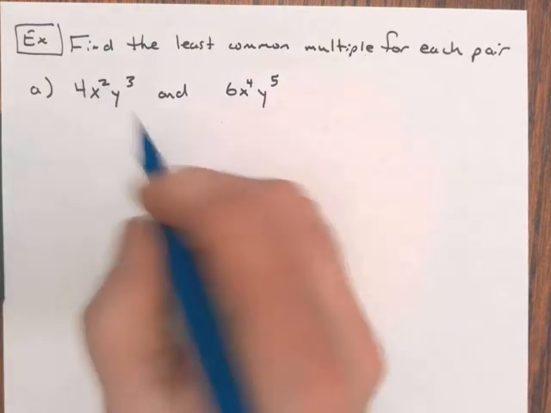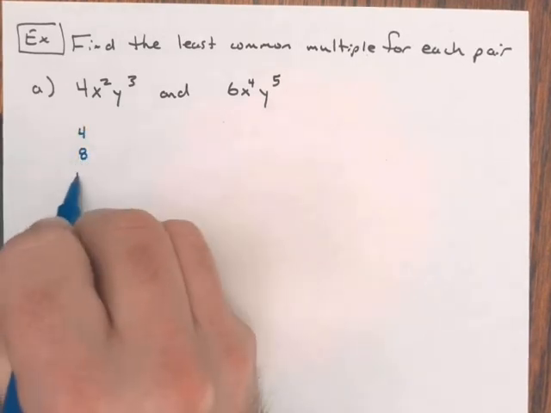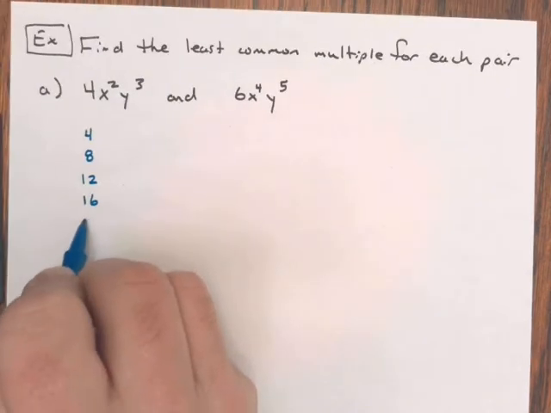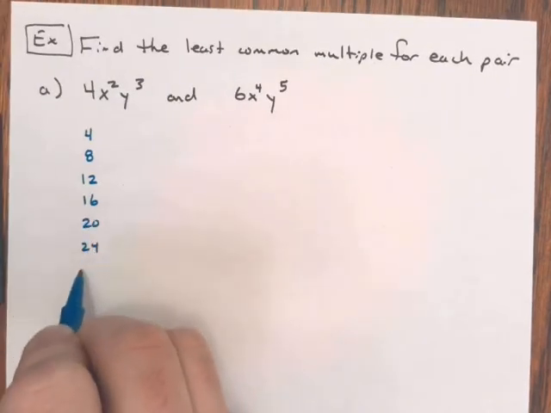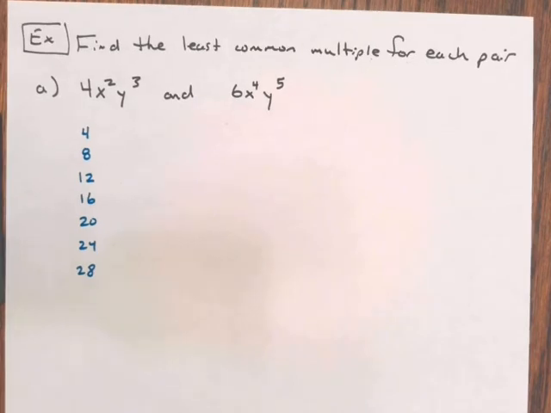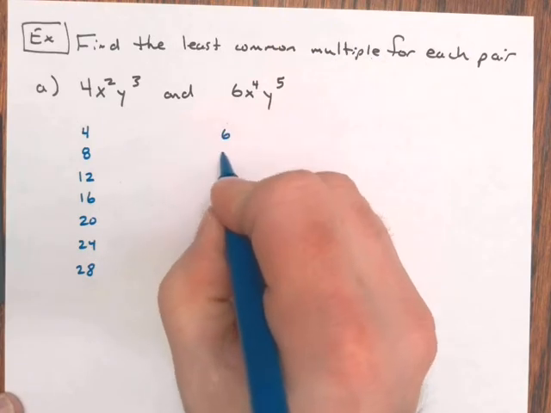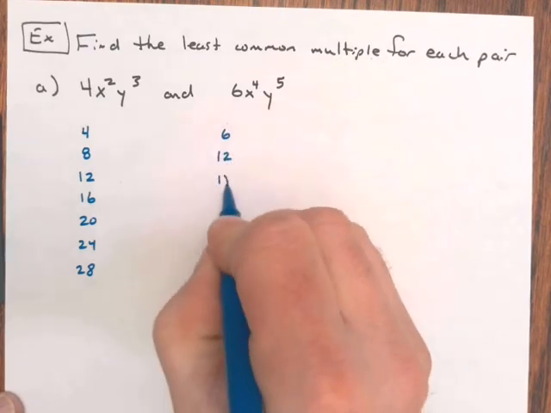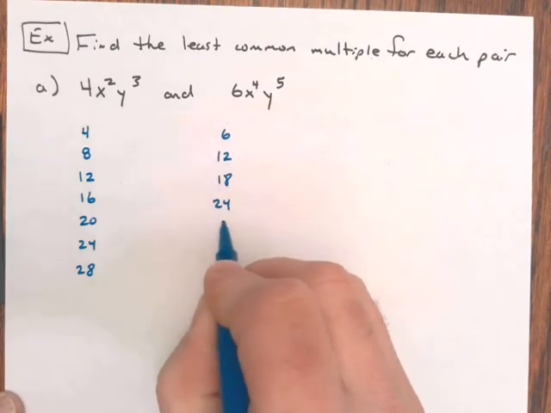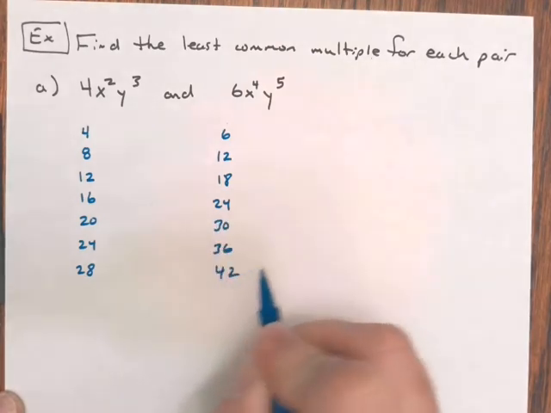So if I start writing down the multiples of 4, it would be 4, 8, 12, 16, 20, 24, 28, and so on. If I write down the multiples of 6, we would have 6 and 12 and 18 and 24 and 30 and 36 and 42 and so on.